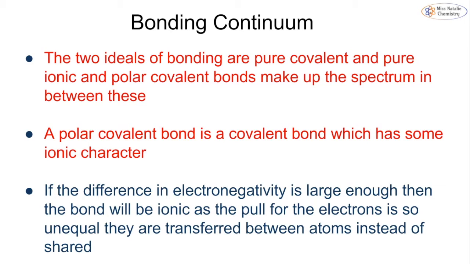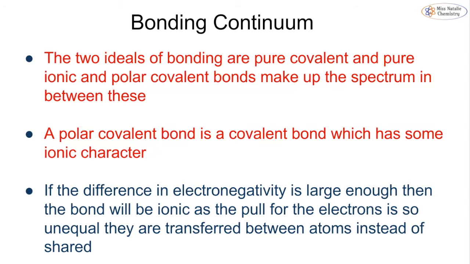Now we can use this concept of polar bonds to tell us the different types of bonding and how we can start to build a continuum. The two ideals of bonding are pure covalent and pure ionic. And the polar covalent bonds make up this part in the centre.